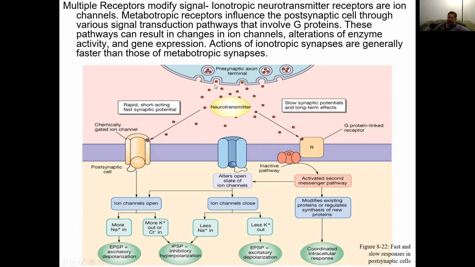Now let's imagine it's a different type of neurotransmitter on a different type of channel receptor, but in this case, it opens up and potassium leaves. So it's a potassium-related channel. And what happens when potassium leaves the cell? It becomes more negative on the inside. It hyperpolarizes. And when it hyperpolarizes, you actually inhibit an action potential from occurring.